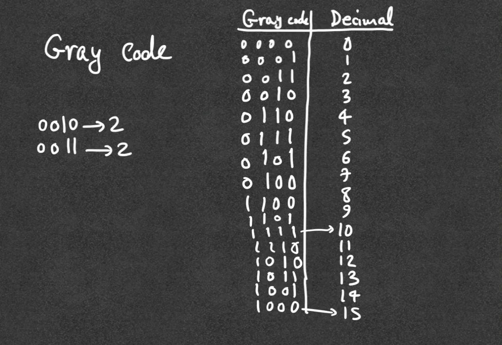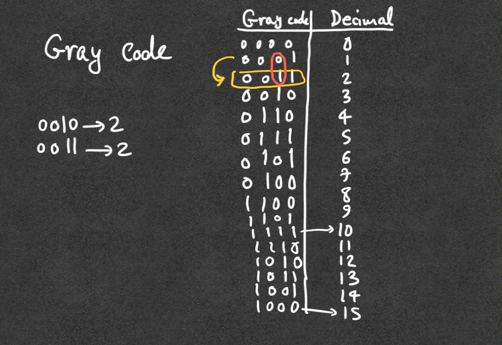So why do we choose, for example, 2 to be 11 instead of 10? The reason is that in Gray code, we want neighboring numbers to differ in only 1 bit. Like the 1 and the 2, we have only 1 bit difference between these two.